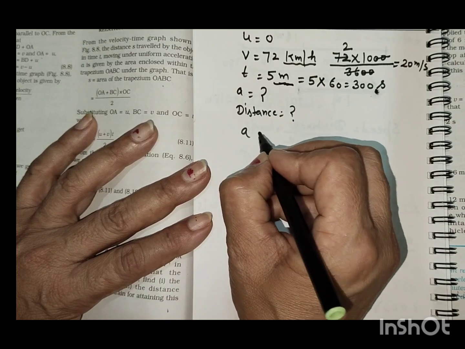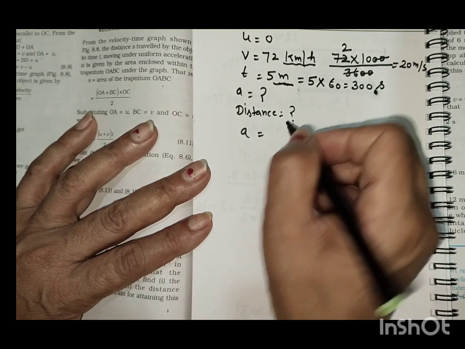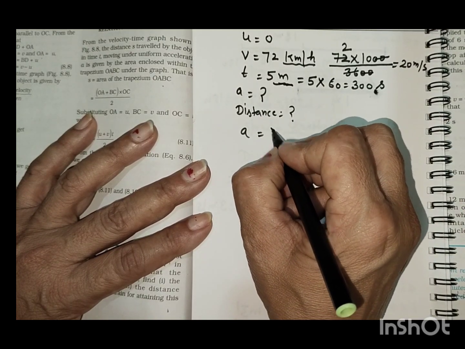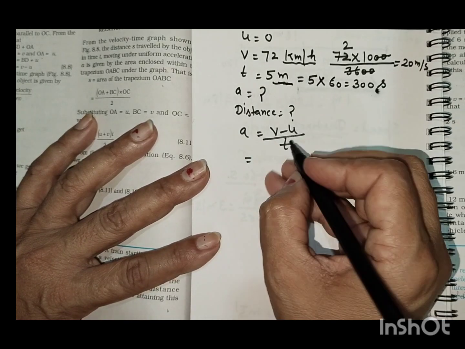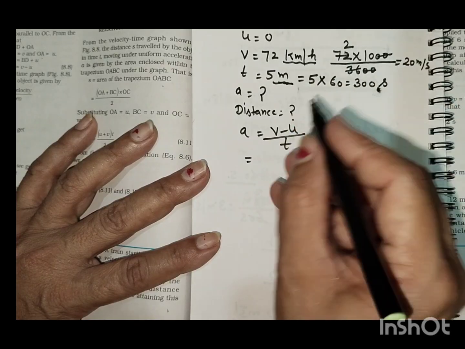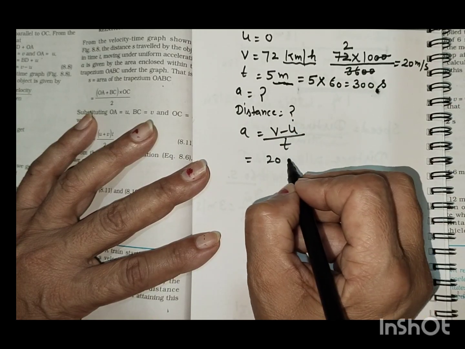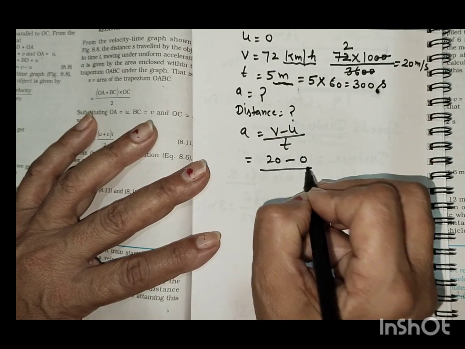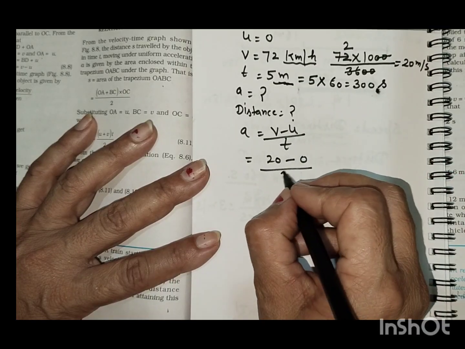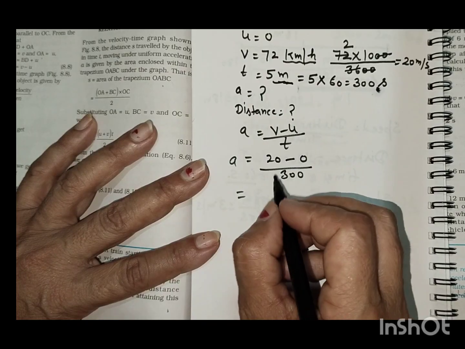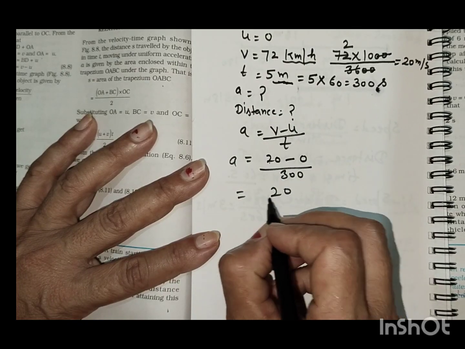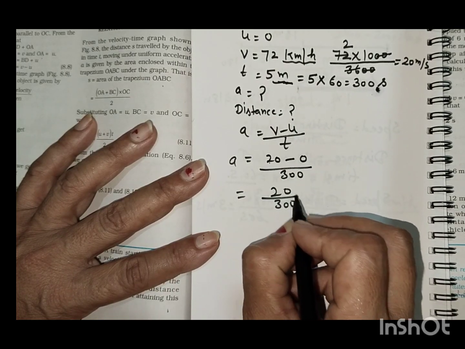Now first find out the acceleration, v minus u by t. Here v is 20, u is 0 and time is 300 seconds. Now 20 minus 0, 20 by 300.